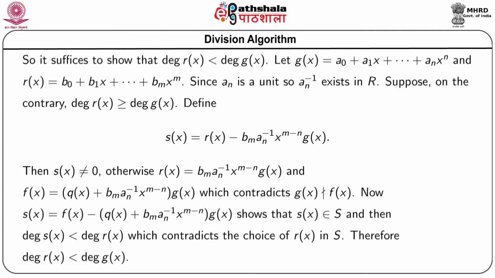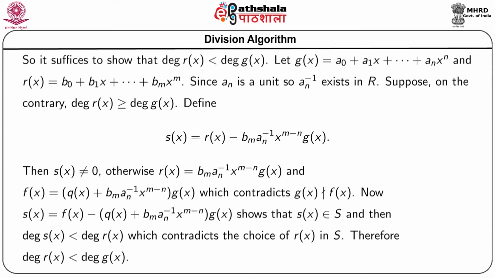Then S(x) is a non-zero polynomial. If not, then R(x) becomes equal to b_m into a_n inverse into x to the power m minus n into g(x), and we get f(x) is a multiple of g(x). Equivalently, g(x) divides f(x), but we have already assumed that g(x) does not divide f(x).